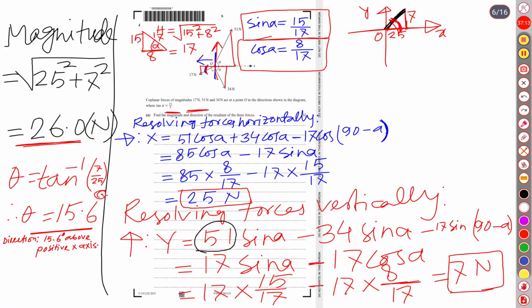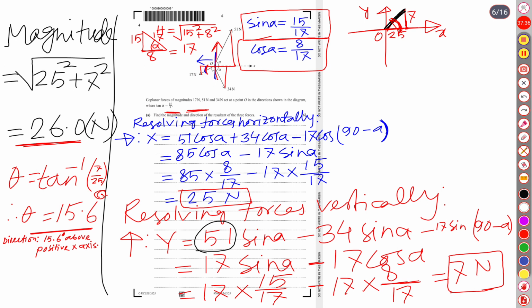Let us see the first part of this question. In the first part, we found the resultant force, which was 26 Newton. In one sentence: first we found the resultant force in the x direction, then the resultant force in the y direction.